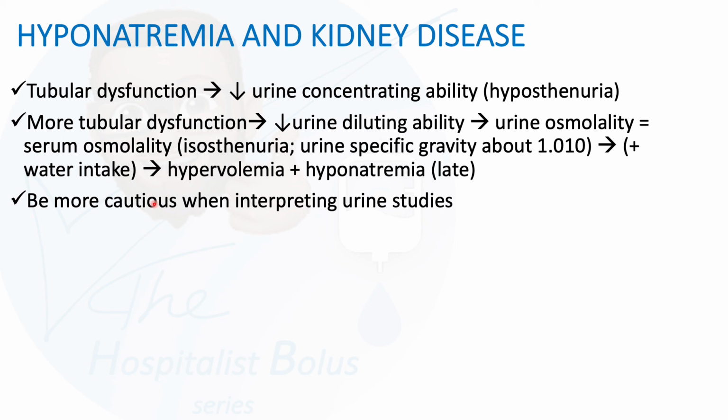Now, because of that, you have to be more cautious when interpreting urine studies, because for example, the urine sodium might be high just because of the kidney dysfunction, not because of the other conditions associated with it. And the prognosis in kidney disease with hyponatremia is not well known or studied compared to heart failure, for example.